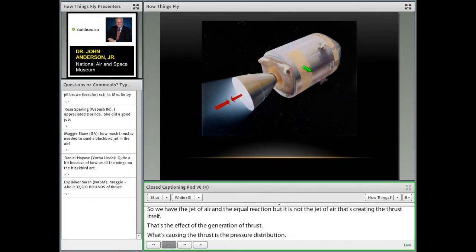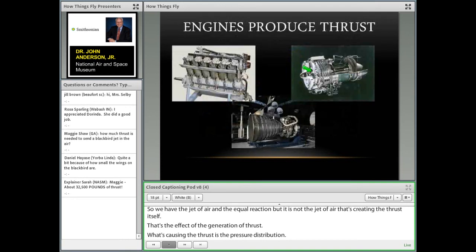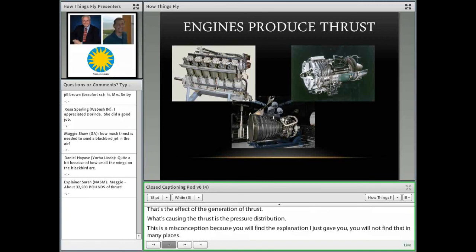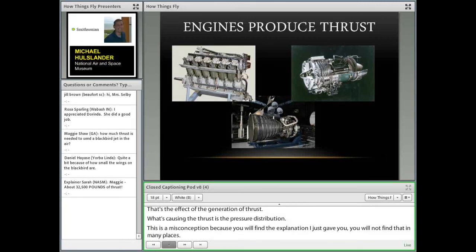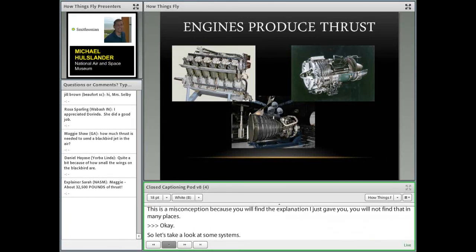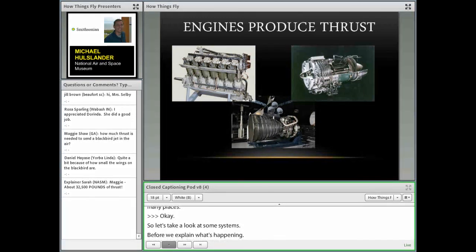Okay. So let's take a look at some propulsion systems. Before we explain what's happening, maybe we should say something quickly about some of the more common propulsion systems that you might see in an aircraft. Generally, there are three kinds of engines that power most flying machines.